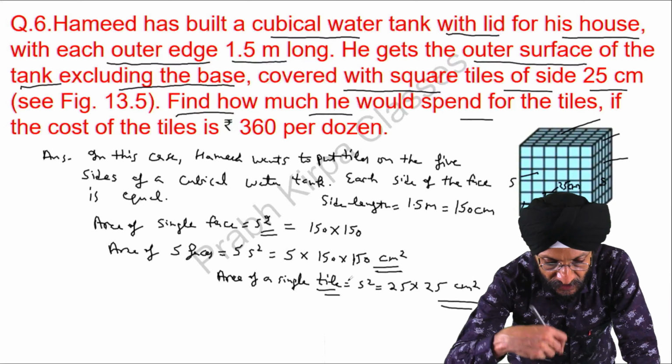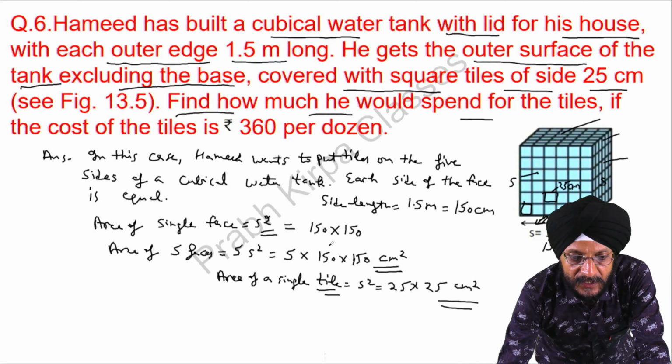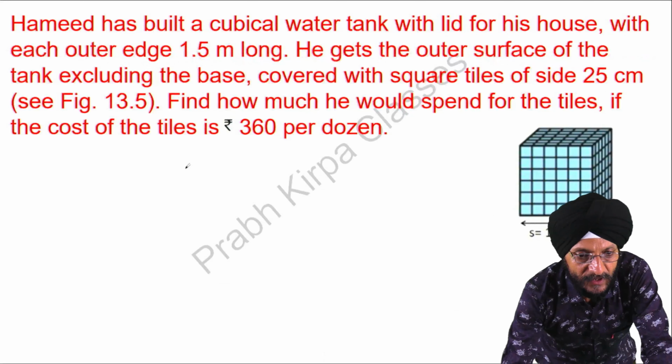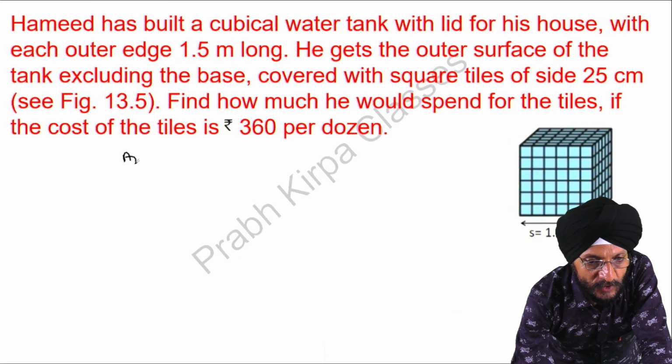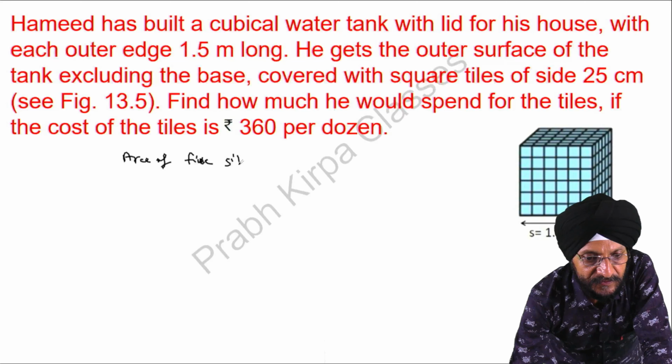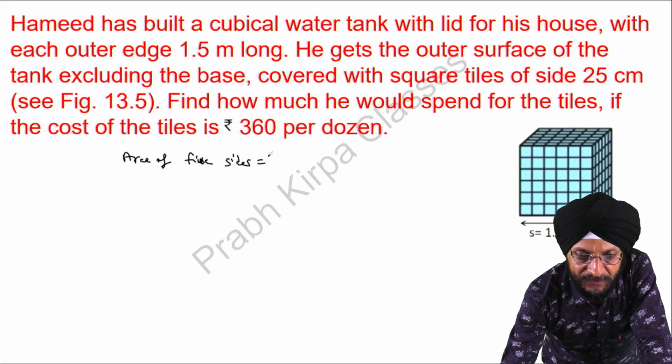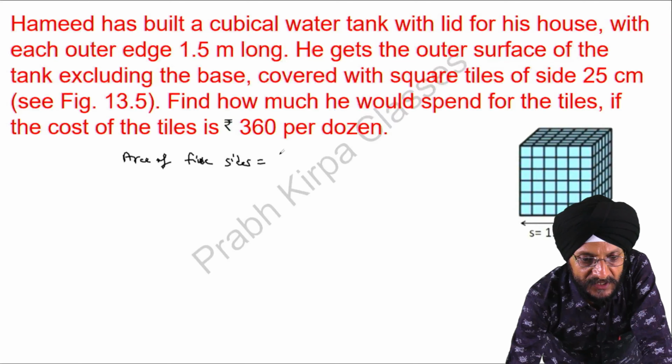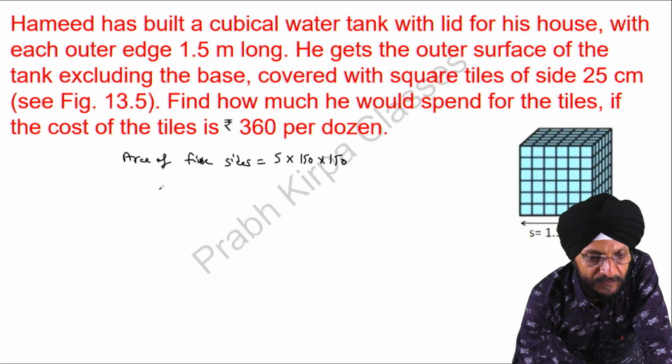Now we will read it on the second page, and then we will calculate what we have calculated so far. Area of 5 sides, or area of 5 faces, it was 5 into 150 into 150.